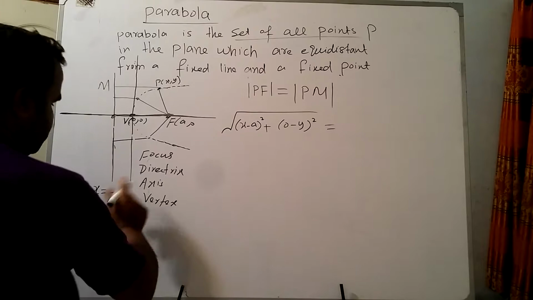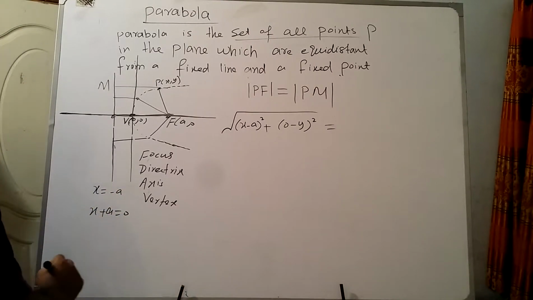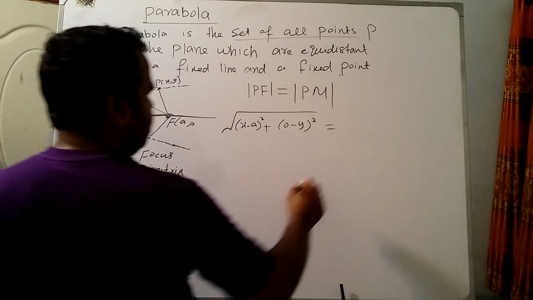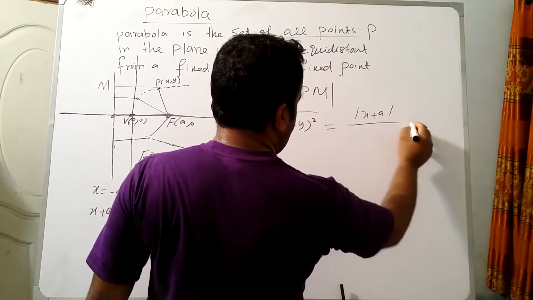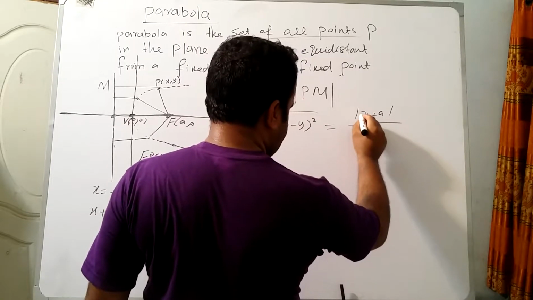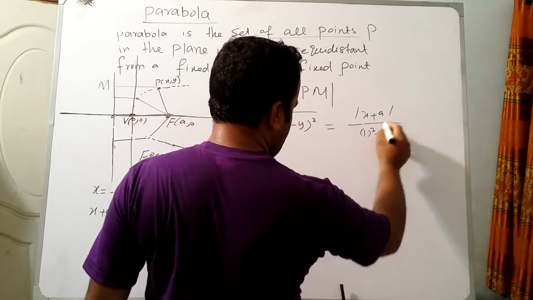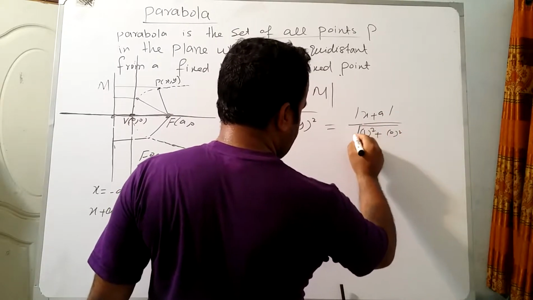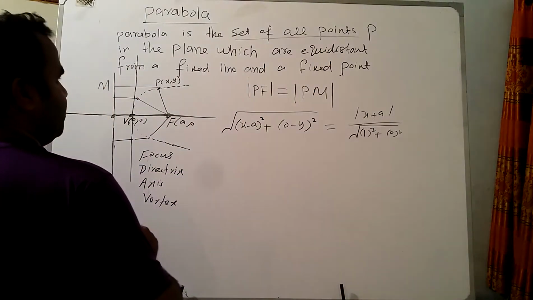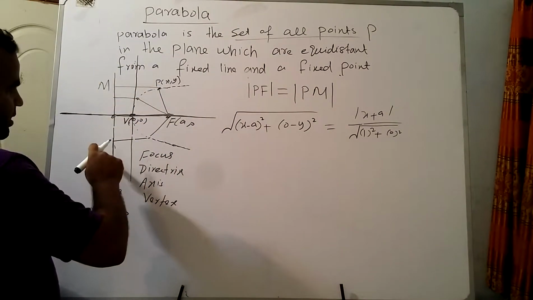The line is x plus a equals 0, and the coefficient of x is 1, squared, plus there is no y, so 0 squared, according to the distance formula for point to line.